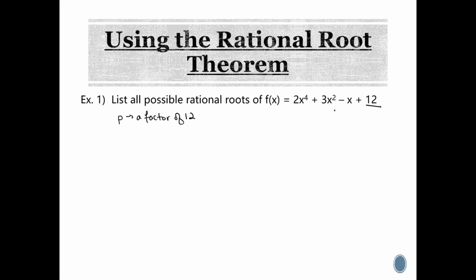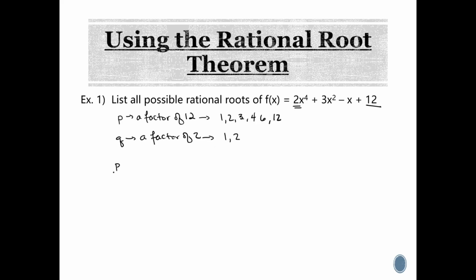That's my constant term. So that would be 1 and 12, 2 and 6, or 3 and 4. Then q has to be a factor of 2. That's the leading coefficient. So those are just 1 and 2.